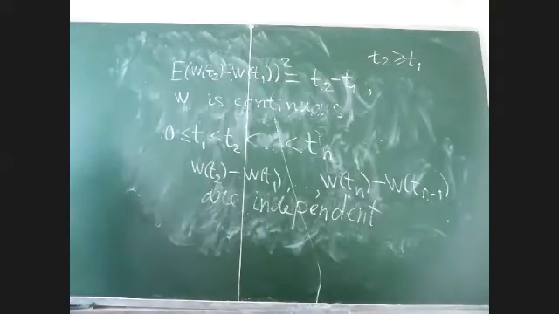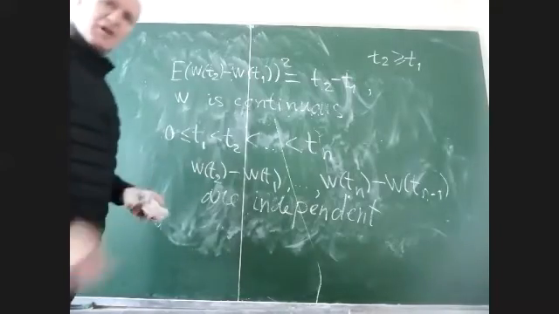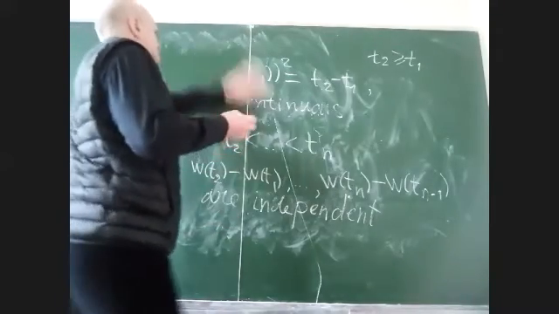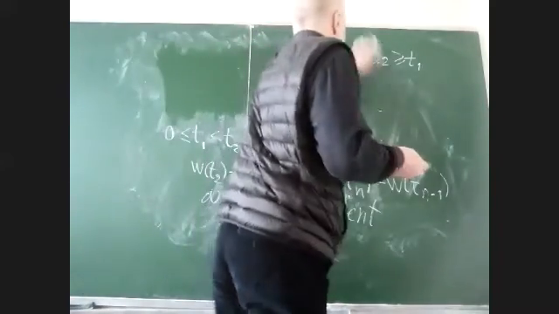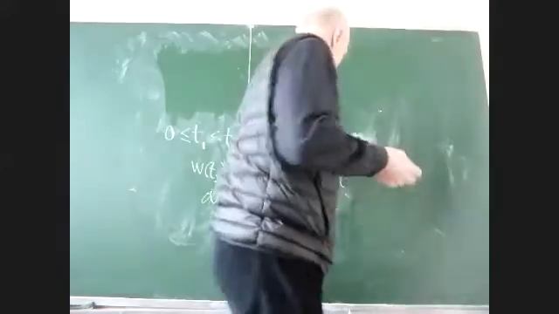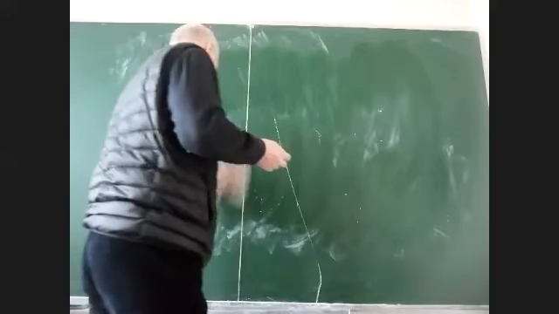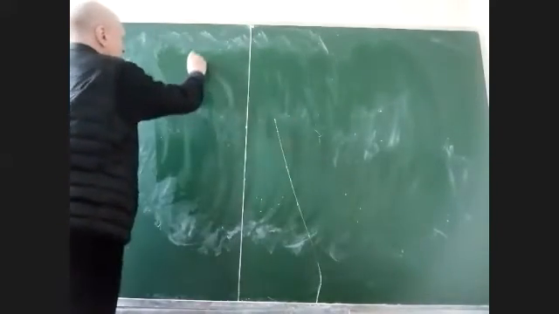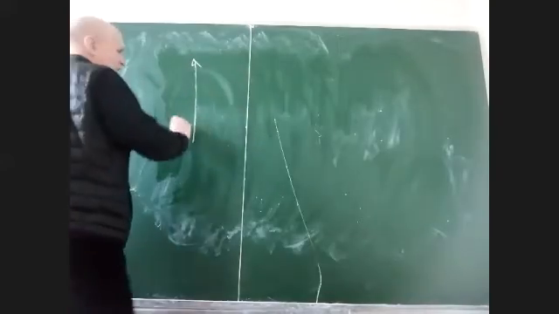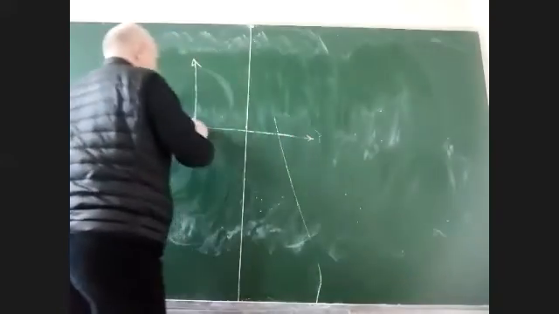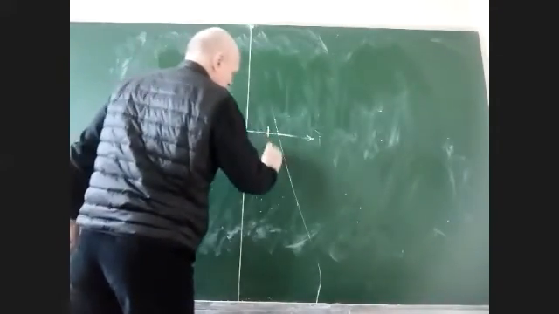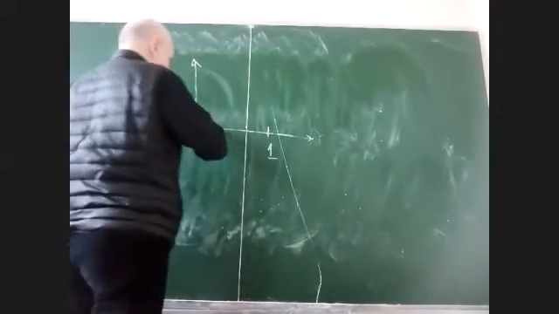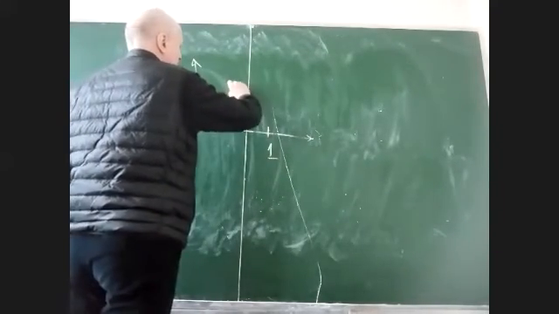Now let us speak about its maxima on the interval. Since W is continuous, when we consider it on the interval, say 0, 1, for example, it must have a maximum, like this.